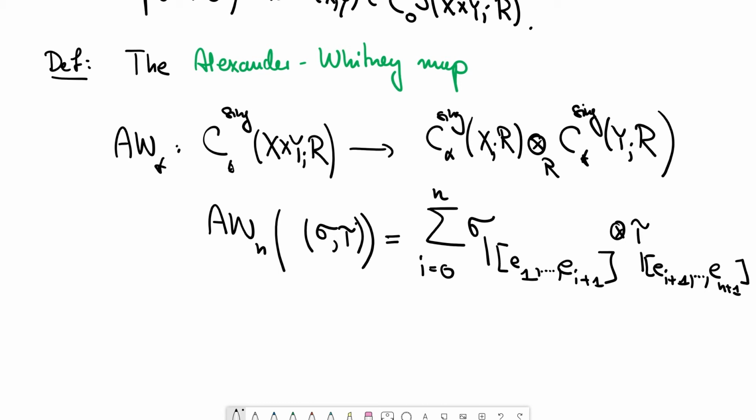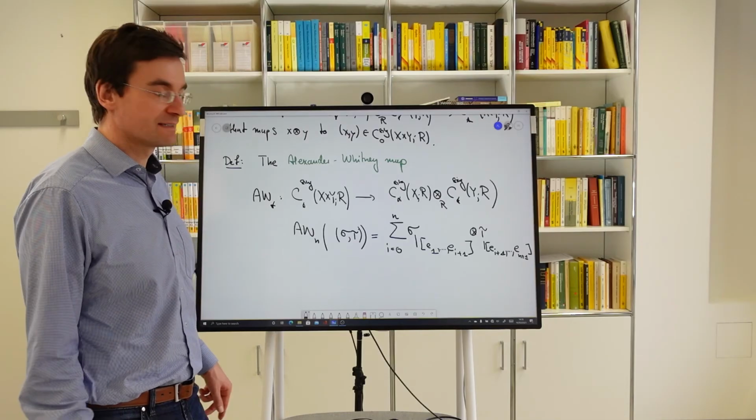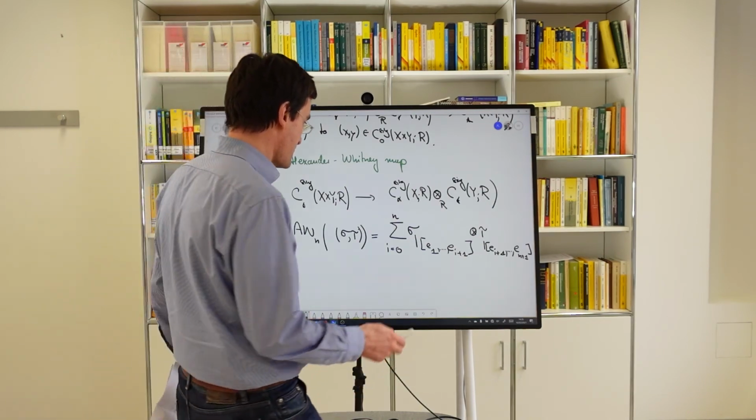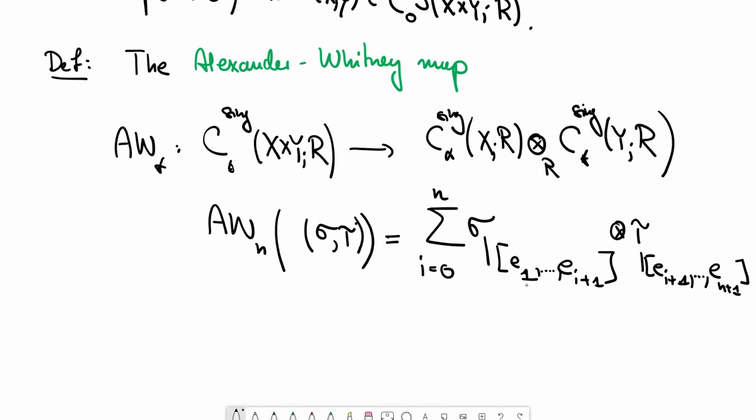Actually, I think we started counting at 0 all the time, right? So it should be e_0 until e_i and then e_i until e_n. Okay, that I can easily change. What still stays true is that this entry here is repeated.